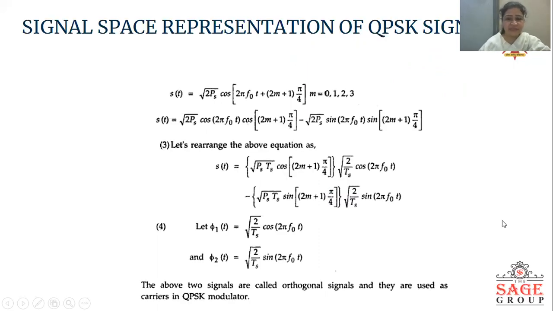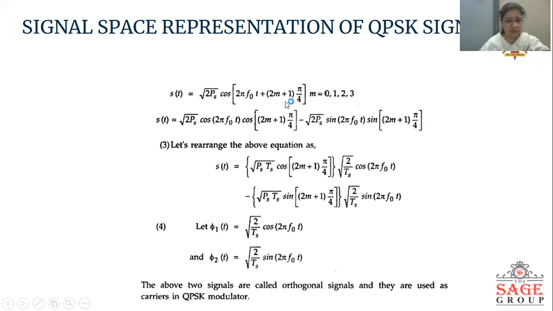Now, signal space representation of the QPSK signal. In general form, the QPSK signal can be represented as root PS cos(2 pi f naught t plus (2m plus 1) pi by 4), where m has 4 values, because here we are having 4 symbols. So m is equal to 0, 1, 2, and 3.